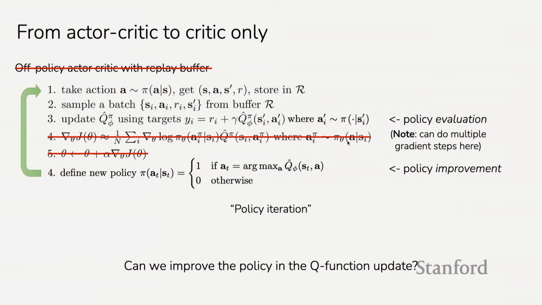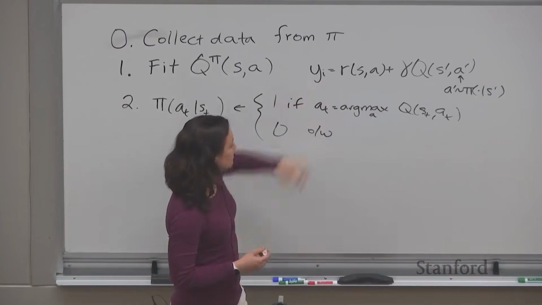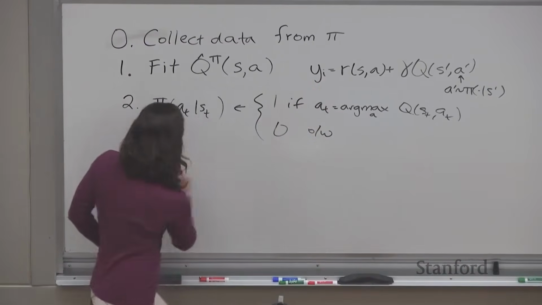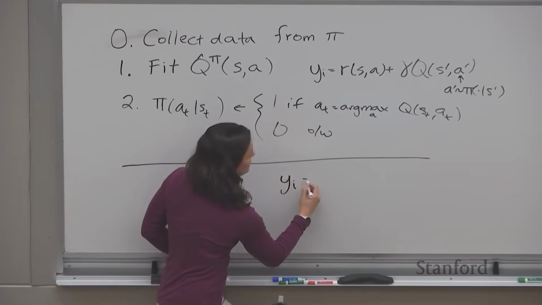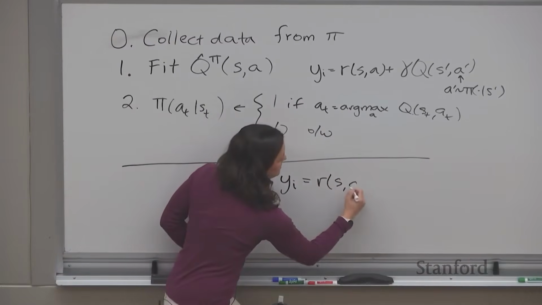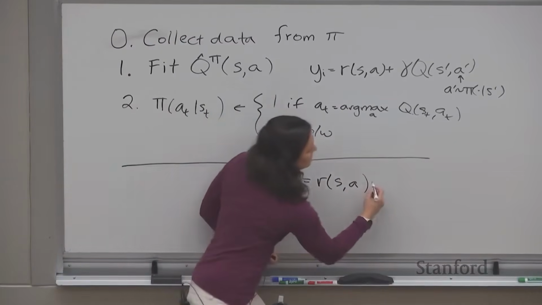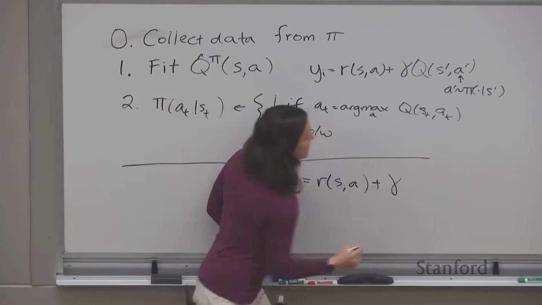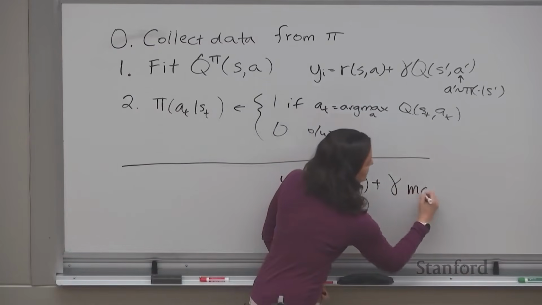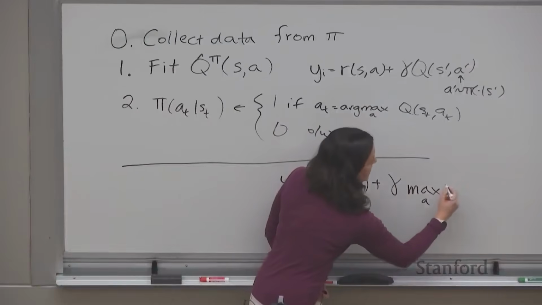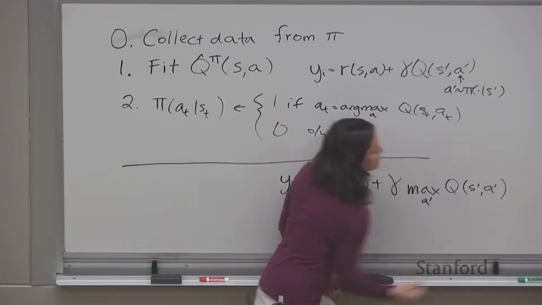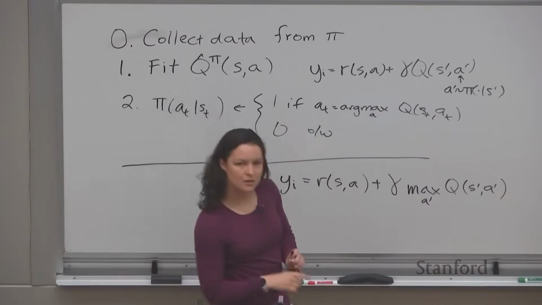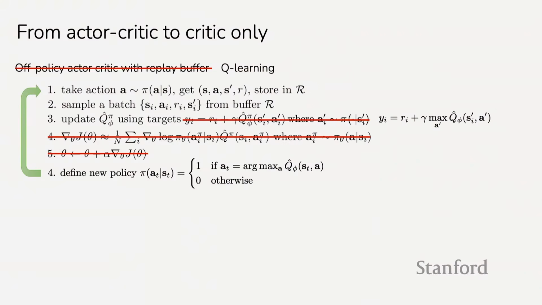So instead of defining y_i this way, you could consider a target for your Q function to be the reward plus gamma times the max over a prime of Q(s', a'). And what this looks like is something like this.